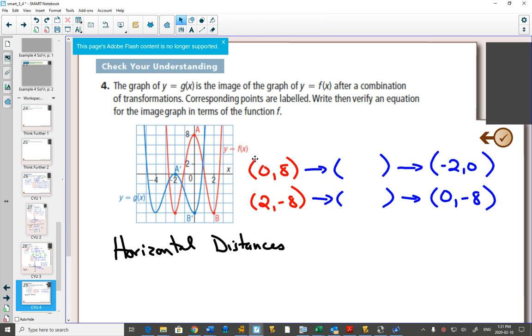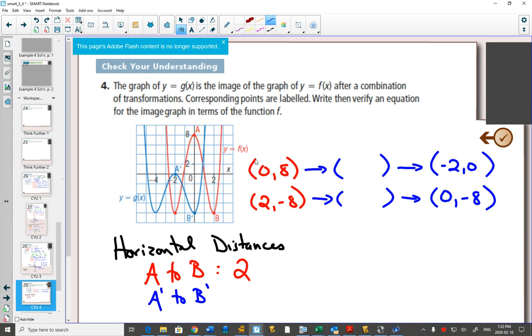And you look on your red graph, what happens if I go from A to B? If I go from A to B, I go 2 to the right. So I'll write that as +2. And on my blue graph, if I go from A prime to B prime, can you see that that one also goes 2 to the right?